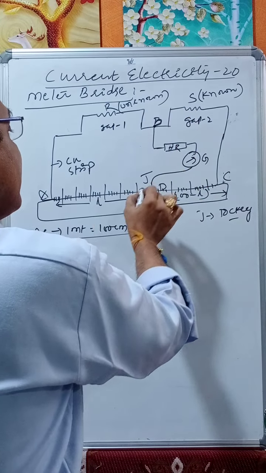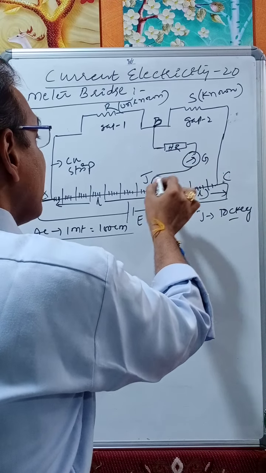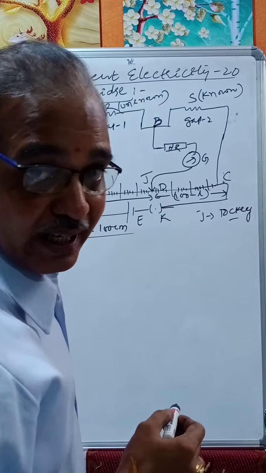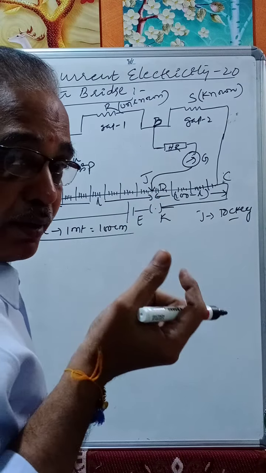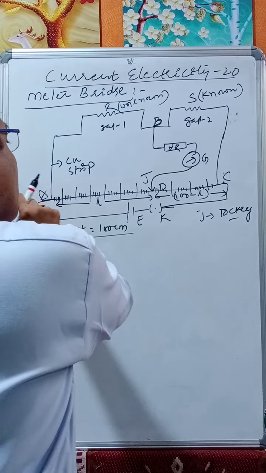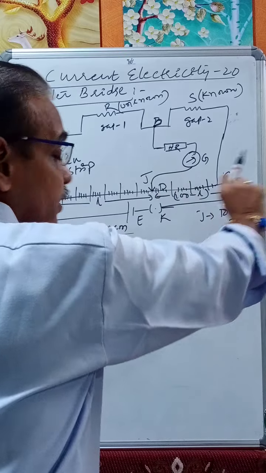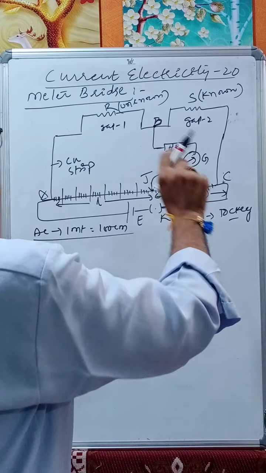Between B and the wire, a high resistance, a galvanometer and a jockey J are connected. The jockey has a thin knife edge, which is run down this meter wire to get the balancing length.